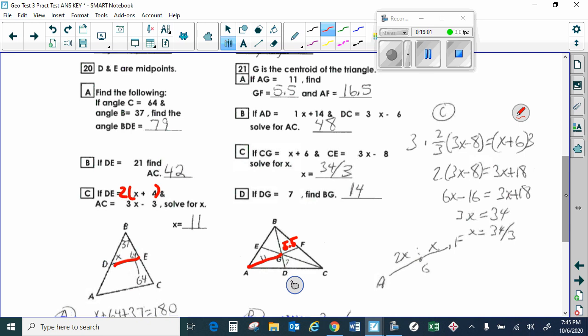Now we have for B, obviously there's ABC, there's 4 points there, so each one's a point. If AD, remember these are medians, so that means this equals this. If AD equals x plus 14, and DC is 3x minus 6, we just set them equal to each other. Okay, and solve it.